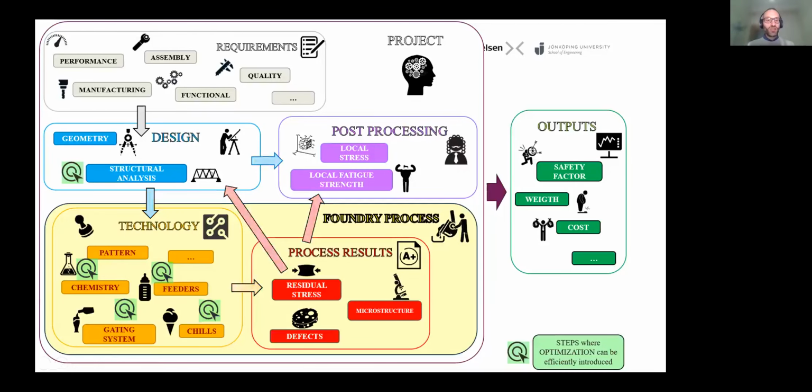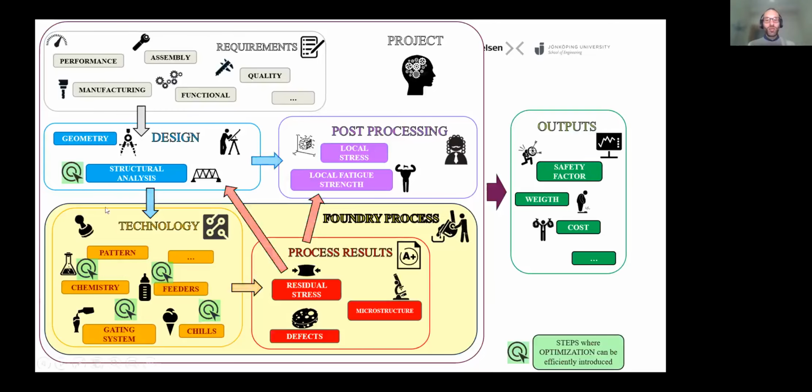This information can be used both to review the structural analysis, to be sure that the stress that we get is aligned with the strength that we can get, and also to introduce, for instance, residual stress in the structural analysis to redo the structural analysis.